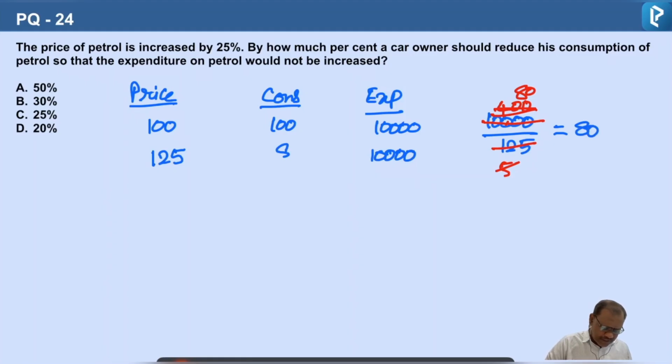So the new consumption is 80. So how much is reduced? By how much percent should a car owner reduce his consumption? So consumption is reduced by 20%. Option D is the right answer.